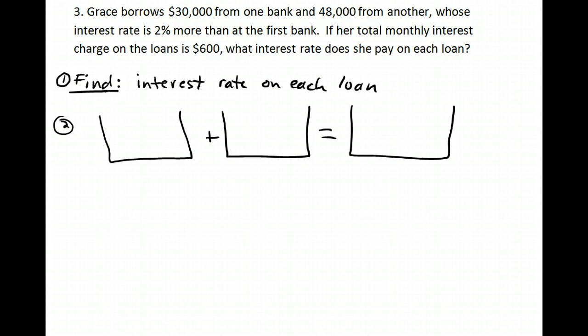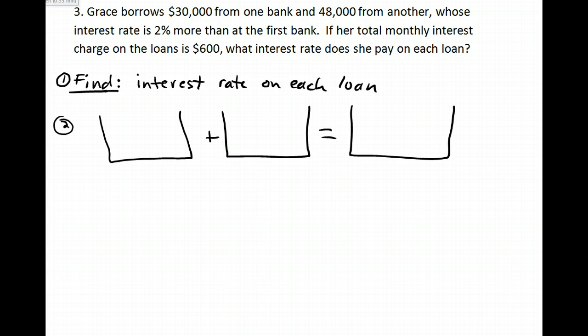Alright, our last problem says that Grace borrows $30,000 from one bank and $48,000 from another, whose interest rate is 2% more than the first bank. If her total monthly interest charge on the loans is $600, what interest rate does she pay on each loan? Okay, now this has a couple things that we need to be careful of.